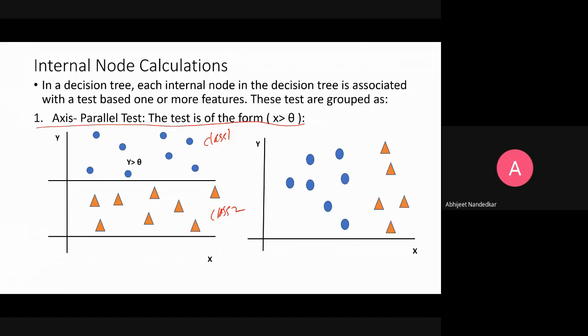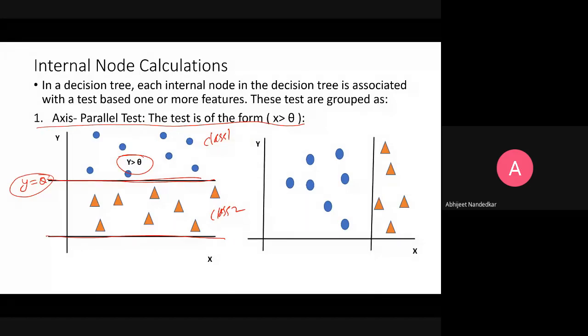So for doing this, I just implemented one condition, that is y is greater than theta, and say this is the y equal to theta line. Now this line is parallel to the x-axis, so that's why the name axis parallel is given to this.